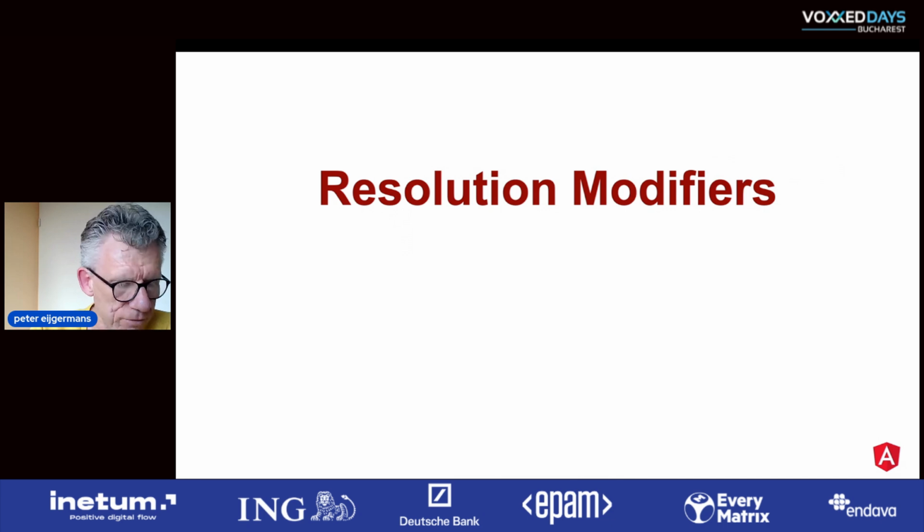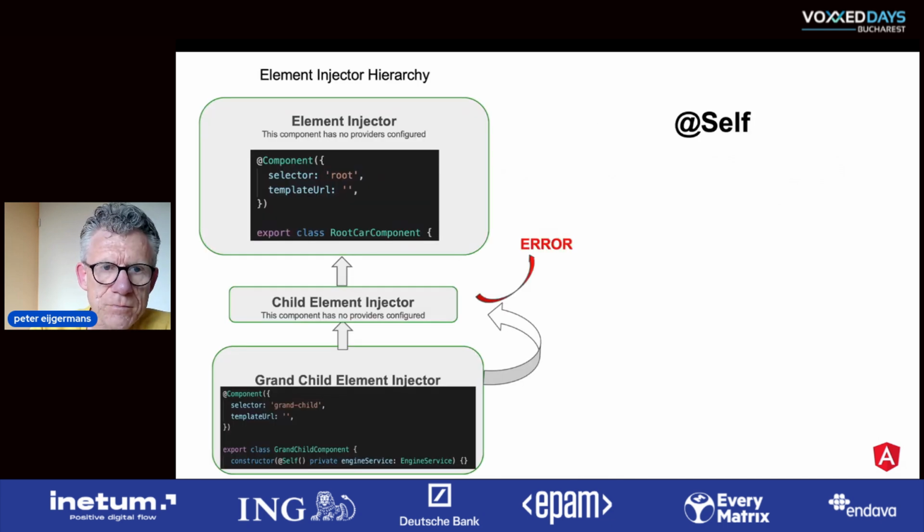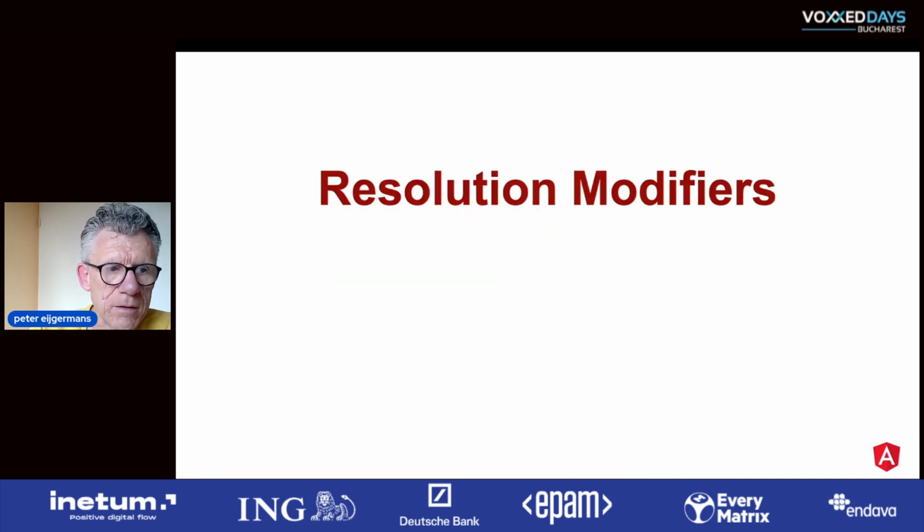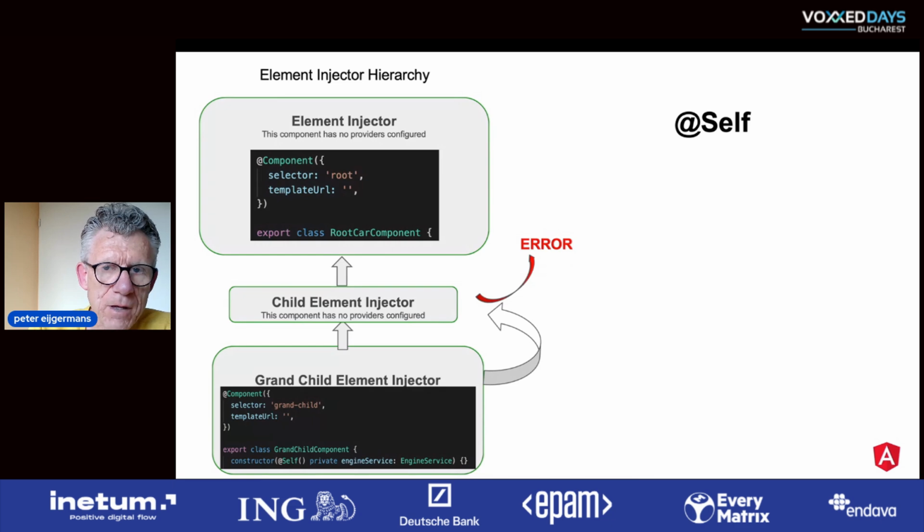Resolution modifiers. What is that? We have some resolution modifiers, and the first one is self. You can add it here. And what does it mean? It tells Angular that it should only look within the local injector.